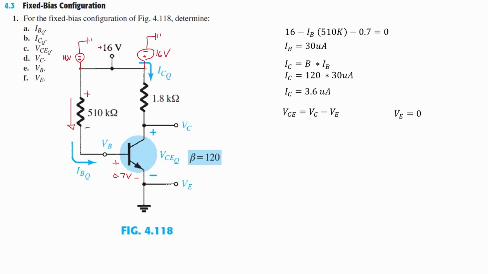Yan. And then, dadaan yung current dito, which is the IC. Dito yung plus, dito yung minus, as always. So that means, from 16 volts, mababawasan siya ng voltage drop. Kung ilan yung voltage dito. And yun na yung VC.